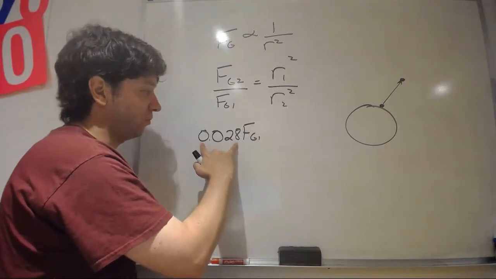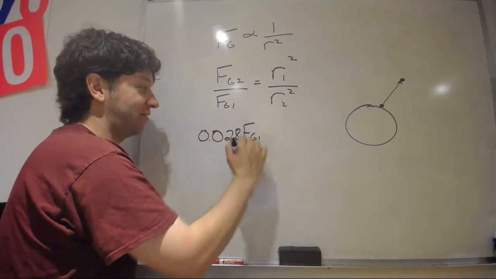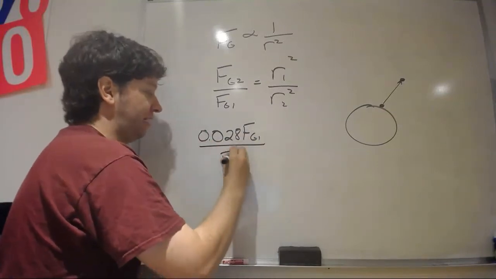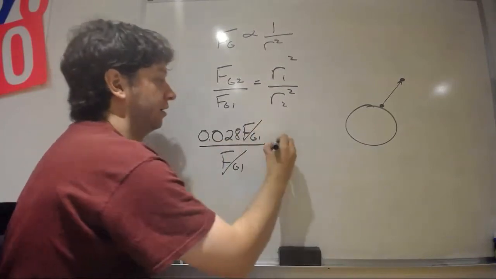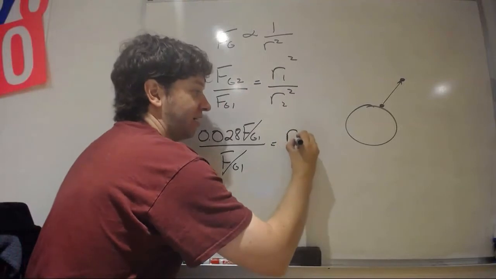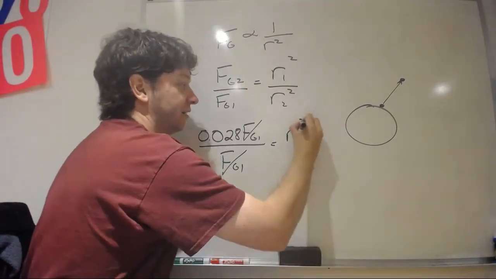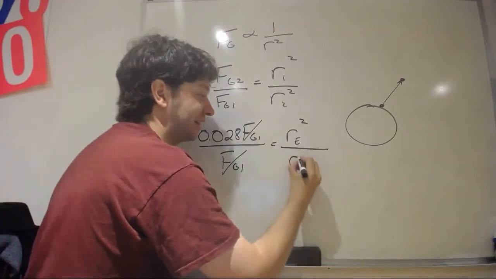So F2 is 2.8% of F1 over F1, and that's great because now they cancel. R1, our initial one, is just, I'm going to write RE because it's just the radius of the Earth, over R2. I don't know what that is yet.